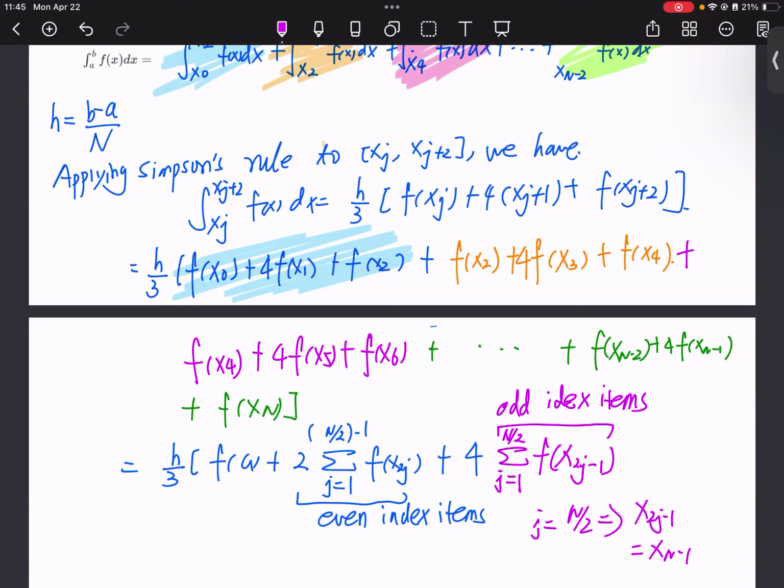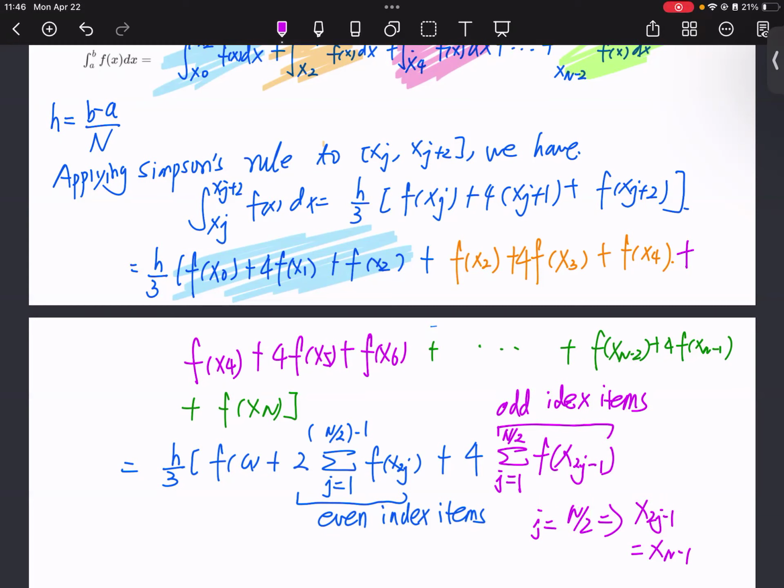Let me see. Yes, it is. So x(n-1), once again, is this item here, and it is the odd index term here. And for the first one, if you substitute j equals 1, it's just 2 times 1 minus 1, and this is just the first odd index item. And that's all the things about the Simpson's rule formula.